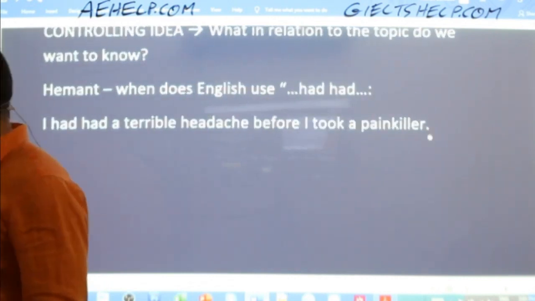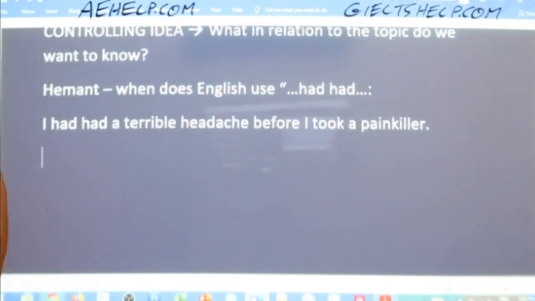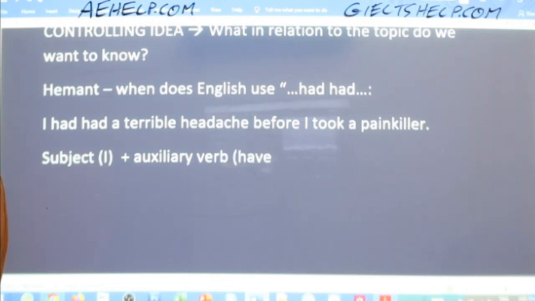Here the subject is the I. So this is the structure, Hemant: subject, plus auxiliary verb have in past tense, plus past participle, because this sentence is, of course, past perfect.